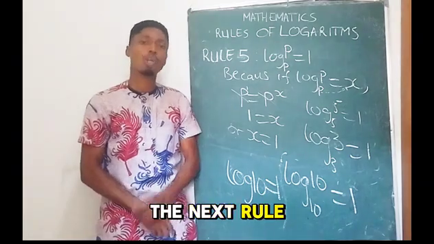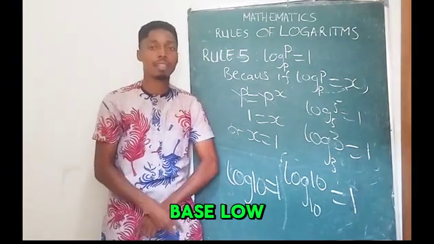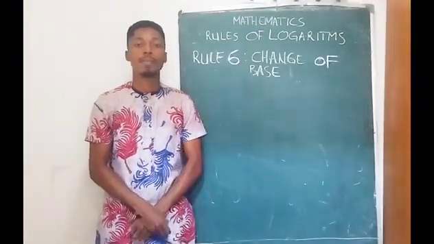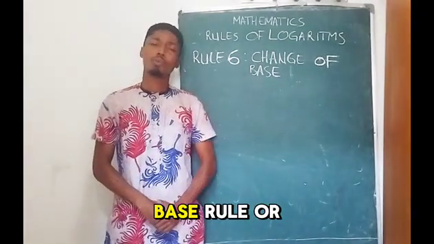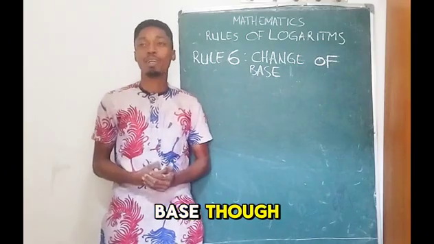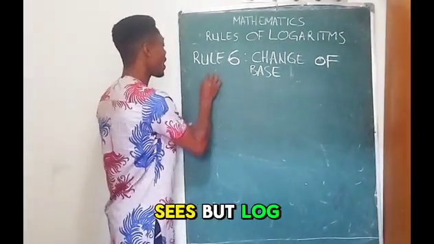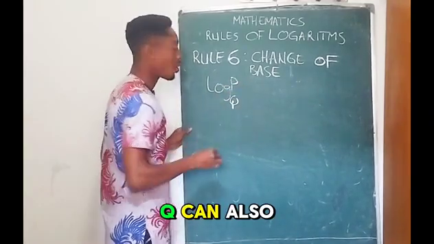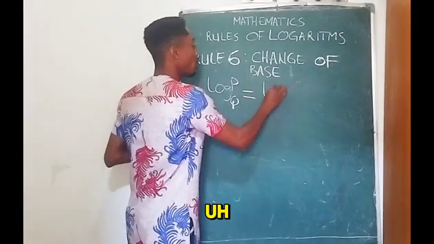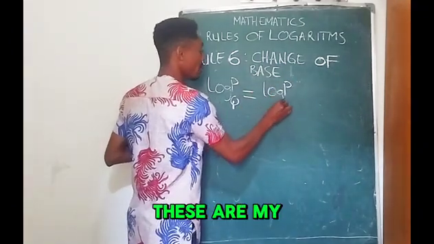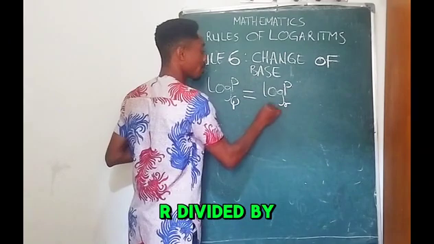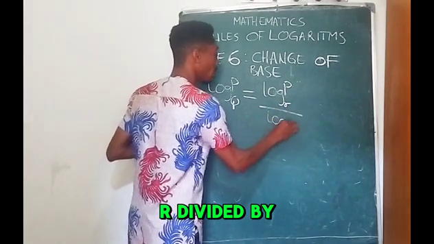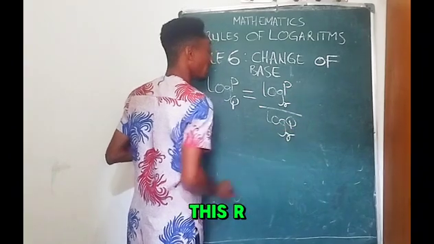Let's look at the next rule called the change of base law. The change of base rule, or the change of base law, says that log p in base q can also be expressed as log p in base r divided by log q in base r.